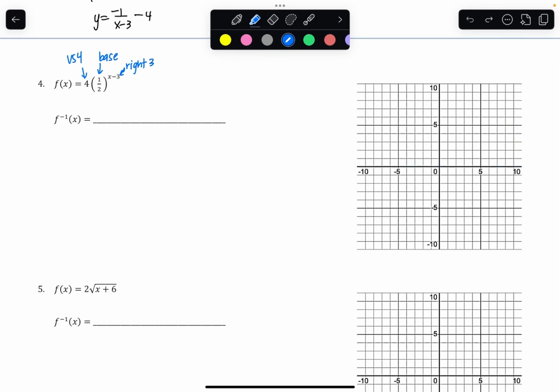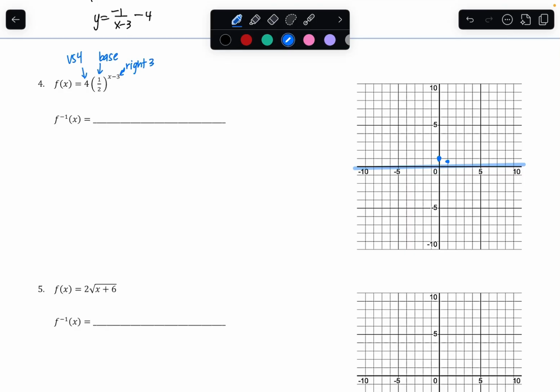And we haven't shifted up or down, so that is going to stay. And so the other default setting is a y-intercept that's 1 away, and then your next point should be the base away. And well, our base is 1/2, and so our next point is only going to be a distance of 1/2 away.